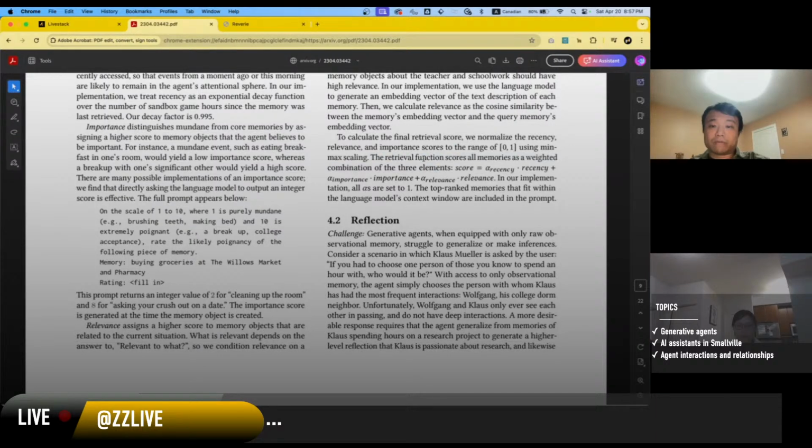The retrieval function scores all memories as a weighted combination of the three elements: score equals alpha recency times recency plus alpha importance times importance plus alpha relevance times relevance. Alpha is set to 1, hyperparameters. The top ranked memories that fit within the language model's context window are introduced in the prompt.